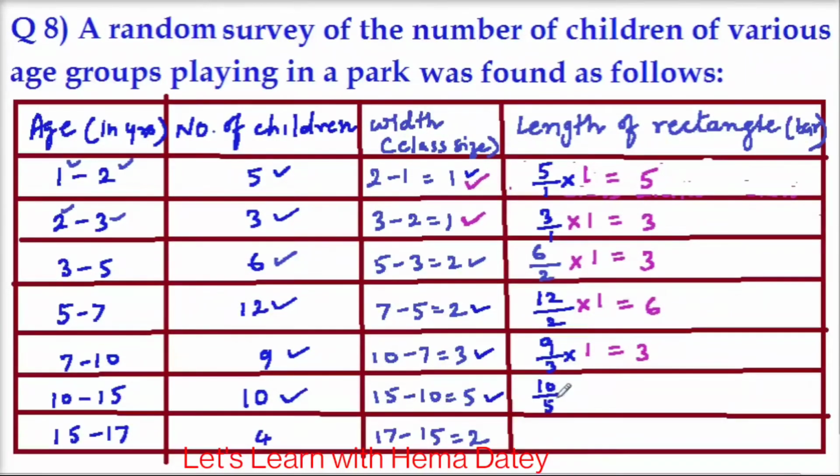For the next class, 10 is the frequency divided by 5 class size multiplied by lowest class size which is 1, you will get 2. For the next and the last class, 4 divided by 2 multiplied by 1, you will get 2.